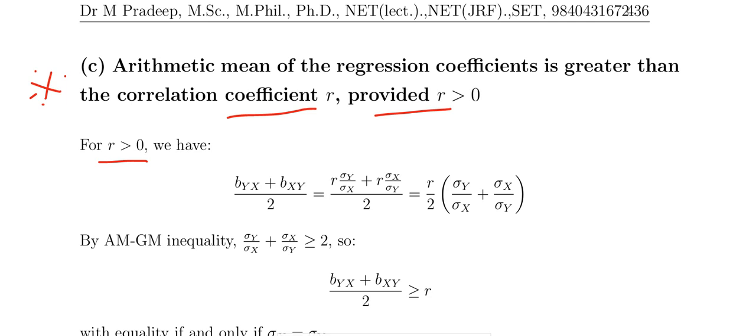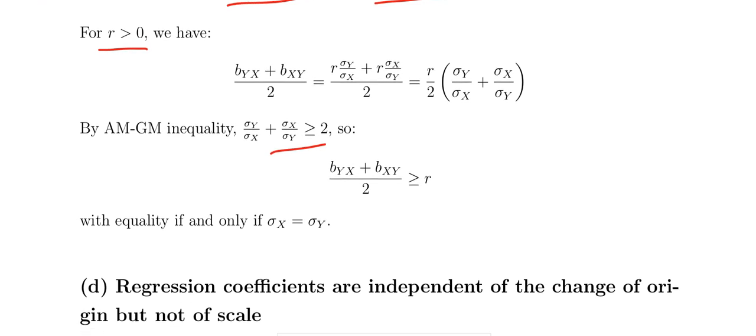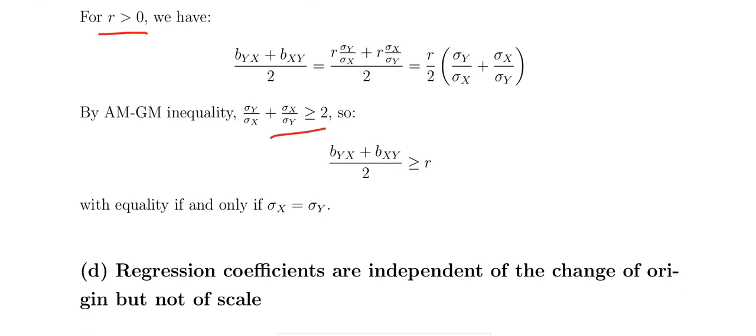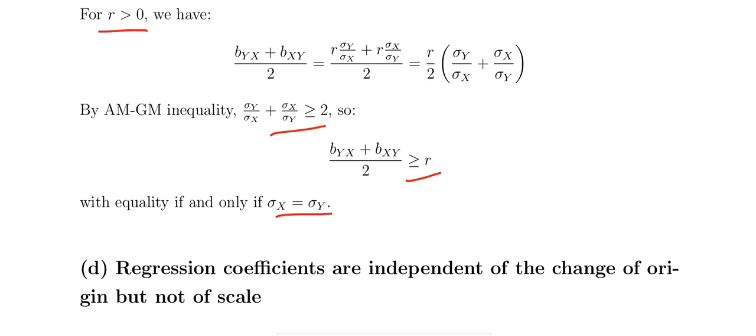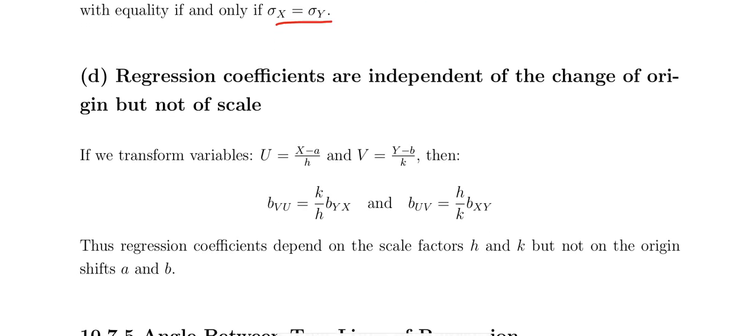That is the arithmetic mean and geometric mean inequality, so (byx plus bxy) divided by 2 is greater than or equal to r. Equality holds when sigma x equals sigma y. There are chances of questions on these; they will be new and fresh, and may be asked as points.